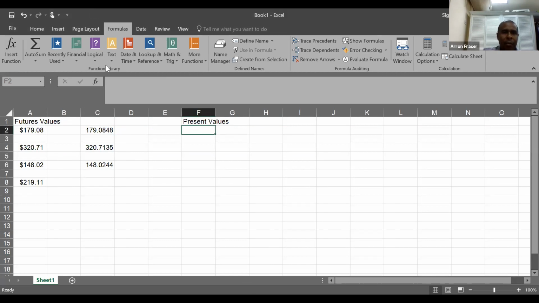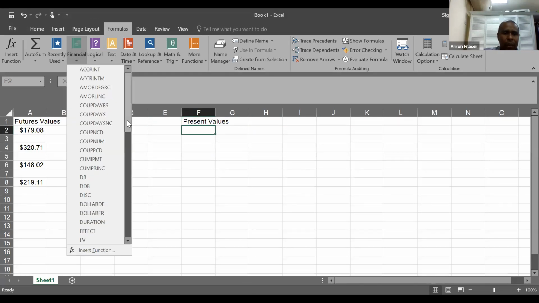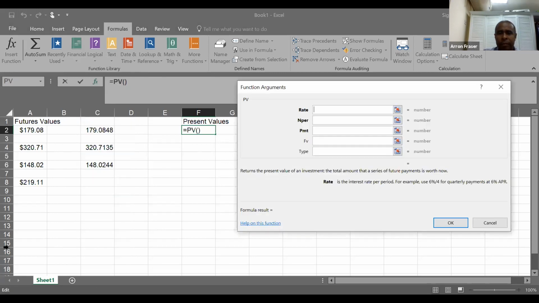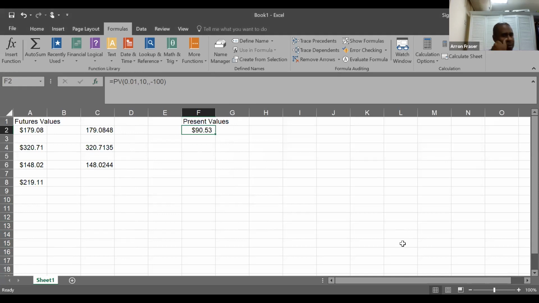So we go back formulas, financial, and this time we look for PV. The rate is 1%, 10 years, and it's $100. So receiving $100 in 10 years time with a discount factor of 1%, it will be equal to, in today's present value, $90.53.